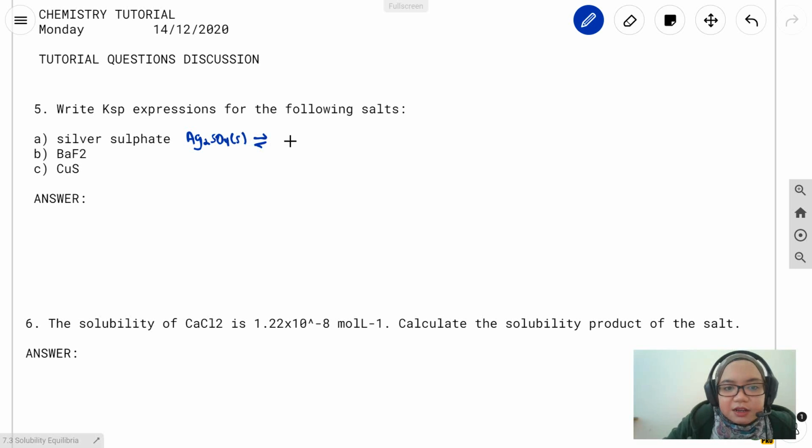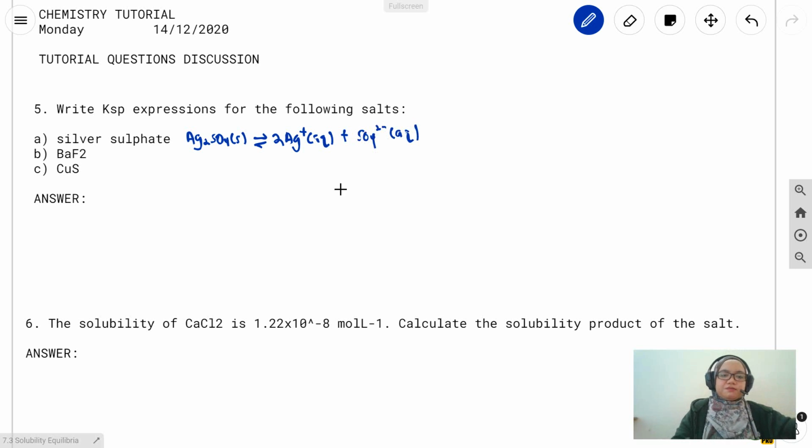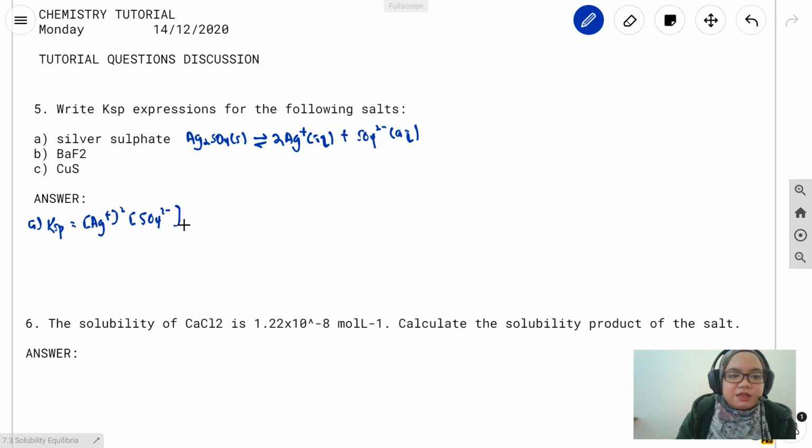It will form 2Ag plus aqueous plus SO4 2 minus aqueous. As usual, when we write KSP, the solid is not included, so we only write the products. So, it equals the concentration of Ag plus squared times the concentration of sulfate ion. So, this is how you do it.